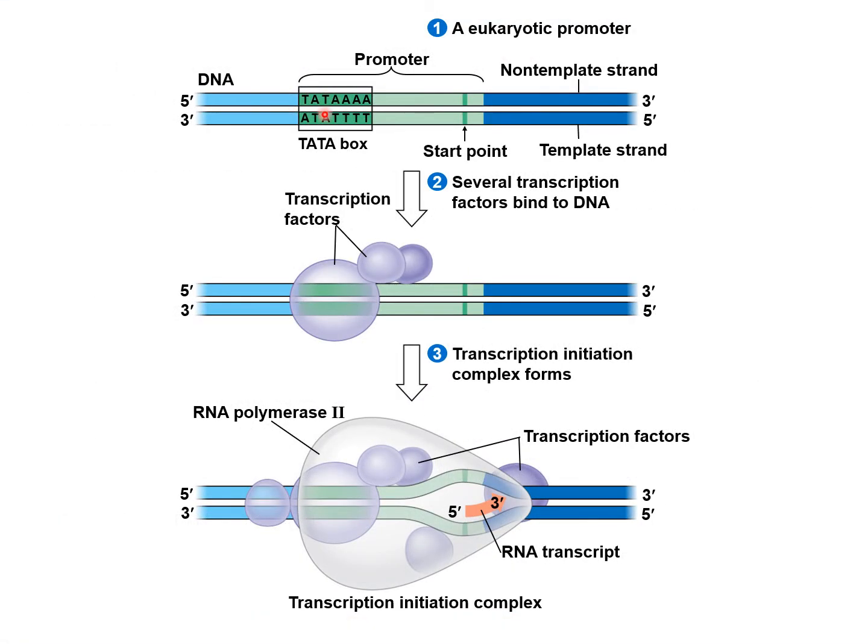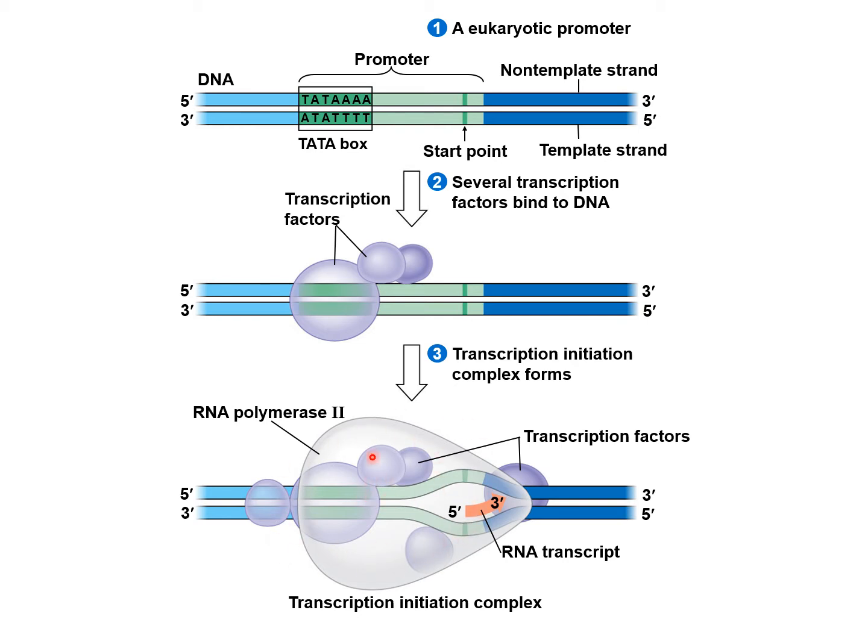So here we have that TATA box, and we have some other sequences that are not transcribed usually that comprise the promoter. So we have proteins, those transcription factors, that will bind various areas of the promoter and guide that RNA polymerase 2 to the point where it will begin initiating transcription. And so you can have a few proteins, and you can see there are quite a few here now.